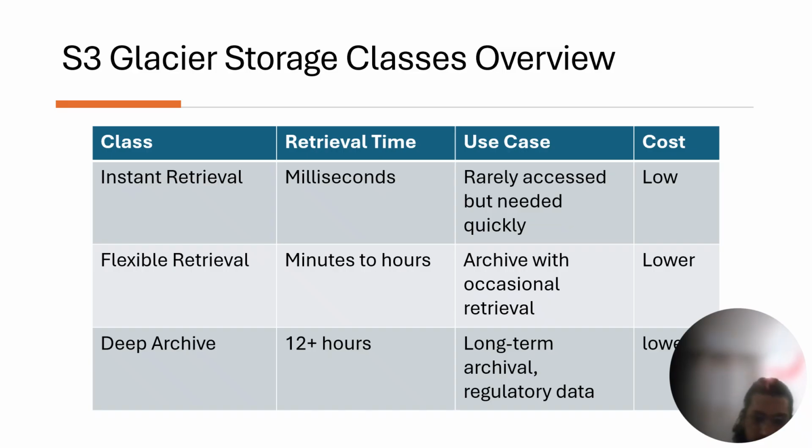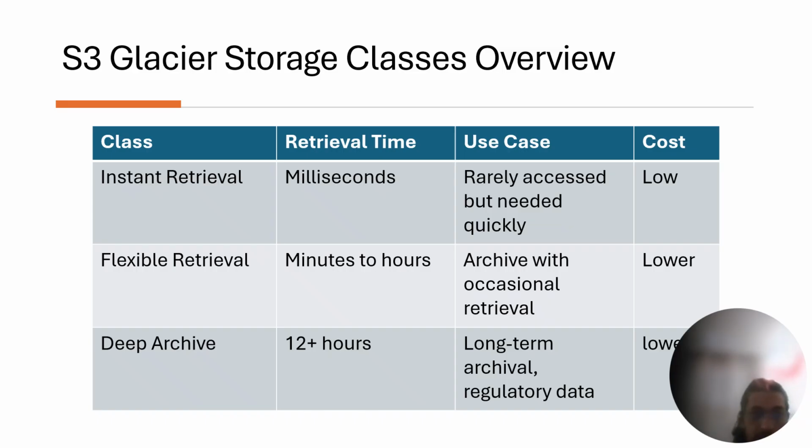It is more cost effective and offers retrieval within a minute to a few hours. It requires a bit more time for retrieval. Finally, next is deep archive. It is the cheapest option, designed for data you may not access for months or years, like old financial data and audit records.